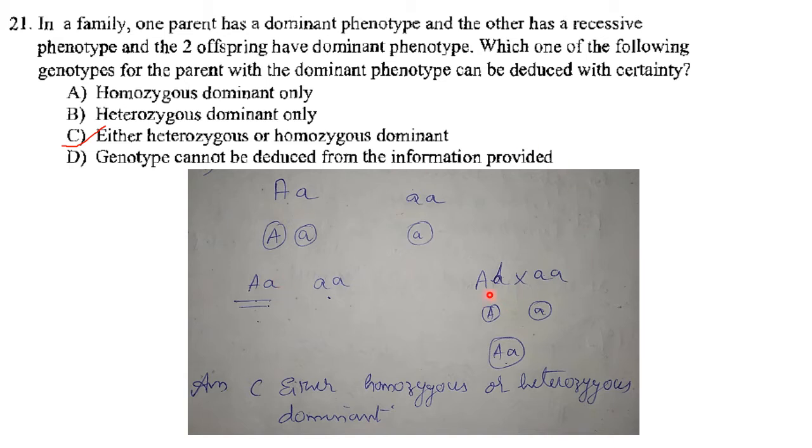Now if you take the one parent to be dominant, that is it is having dominant genes for both the alleles, then capital A and small a, you will get capital A small a. So what they have asked is which one of the following genotypes for the parent with a dominant phenotype can be deduced with certainty. So the parent can be either homozygous or heterozygous dominant. So answer is option C.